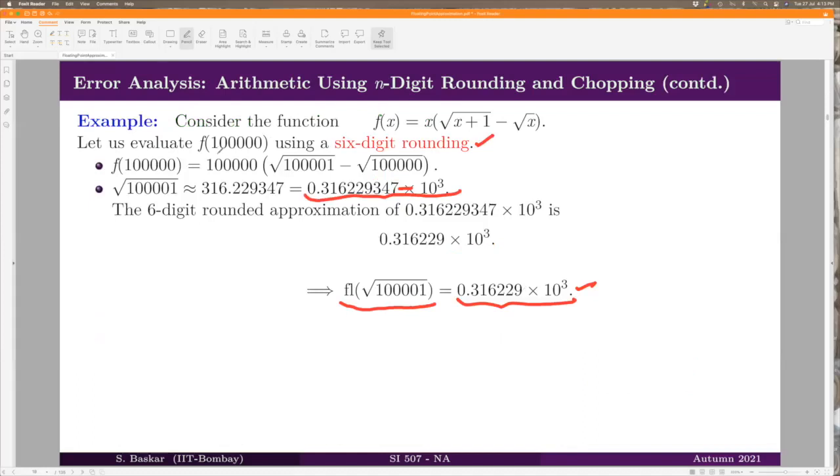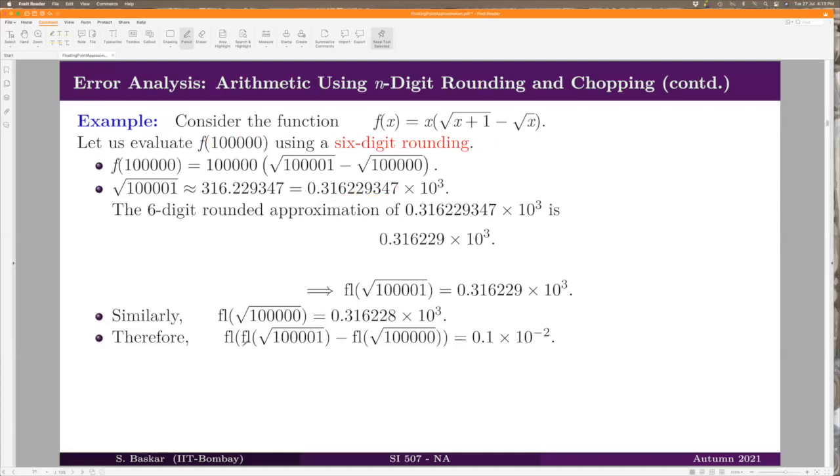Remember, x, if you chop, it becomes the same, because it already has 6 digits. So you don't have any approximation scope in that part. It comes as 1 lakh only. If it was more, then it would have been an approximation. But further calculations involve certain approximations here.